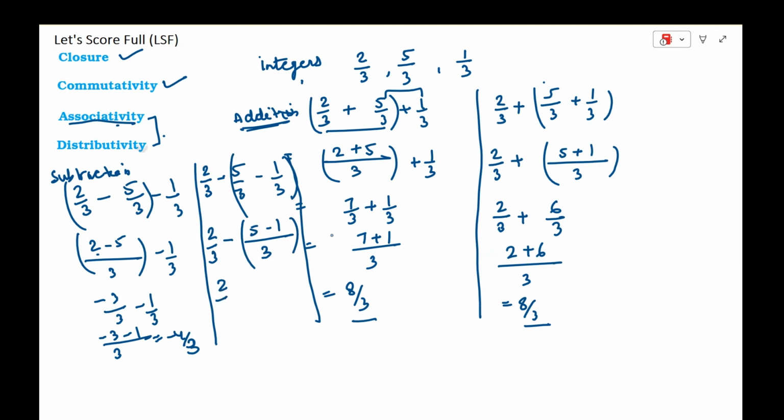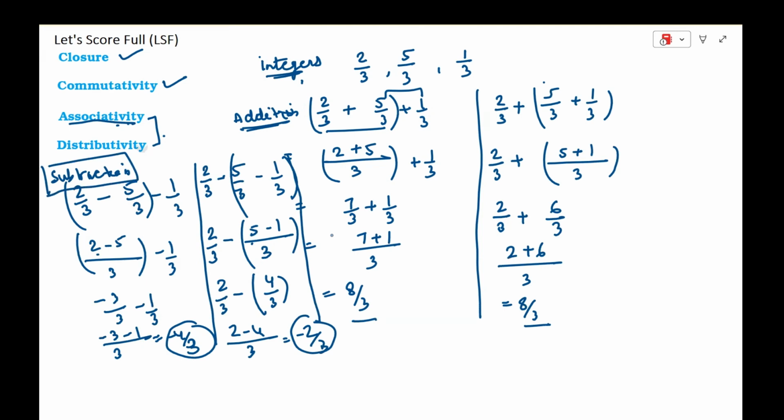So what will it be? 2 by 3 minus 4 by 3. Then take LCM, 2 minus 4. 2 minus 4 is minus 2 by 3. See, the answers are not the same. It means what? I will say integers do not show associative property under subtraction.